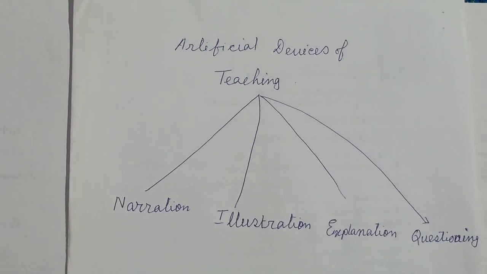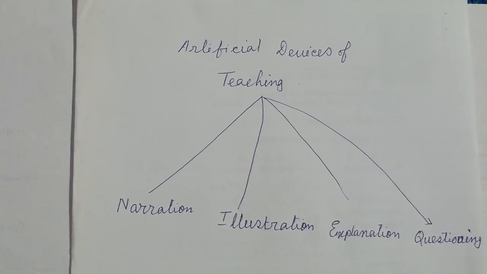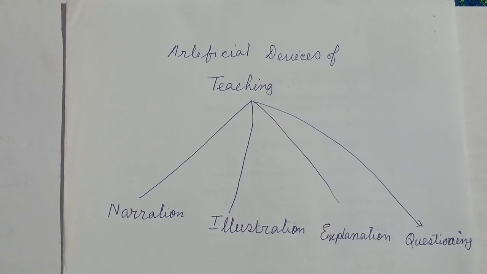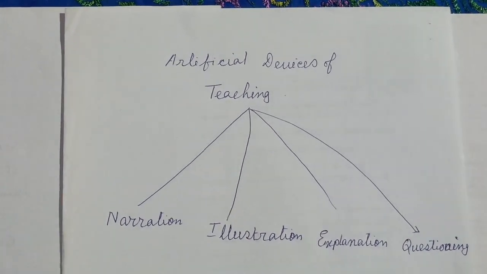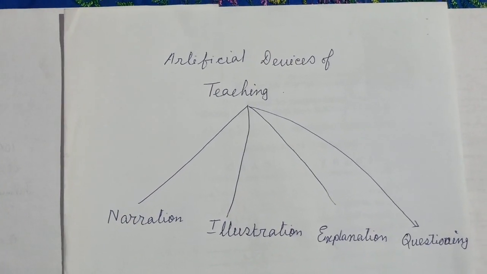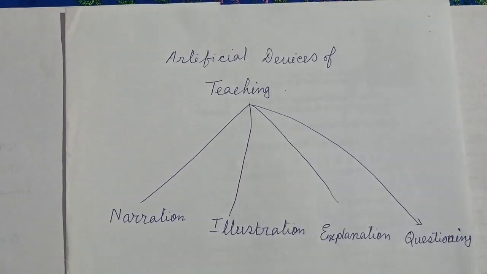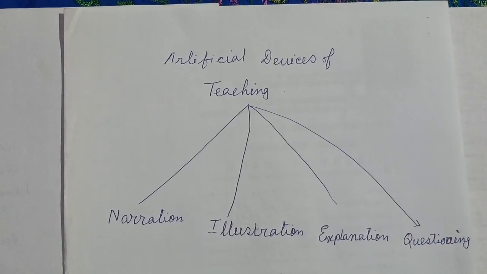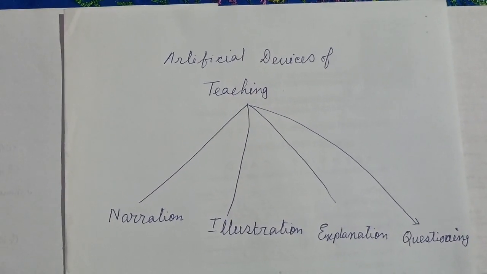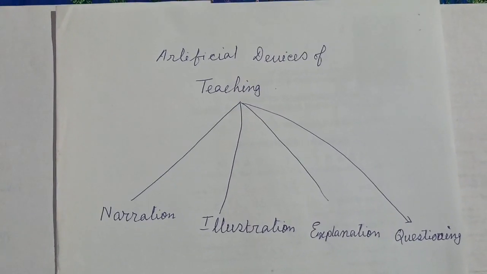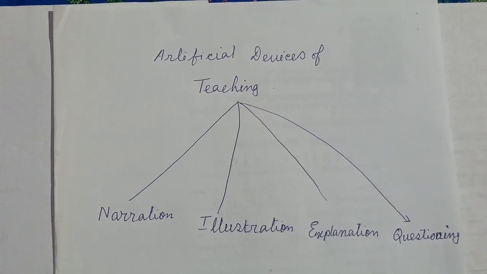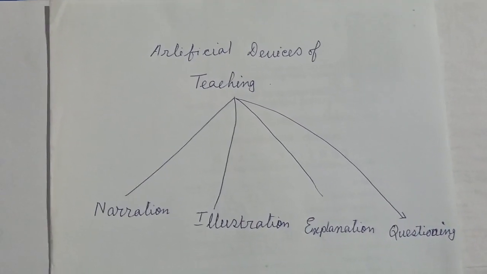And when both oral teaching and different teaching aids are used together, that kind of narration is called explanation. That means in explanation it is not compulsory to take the help of teaching aids, but where it is necessary we should take the teaching aids.